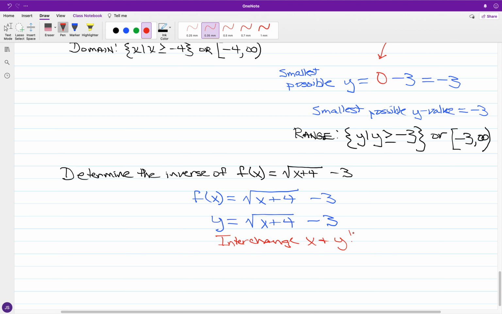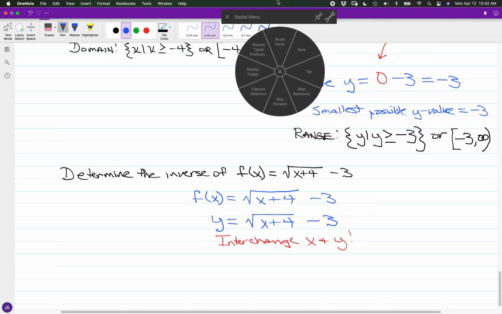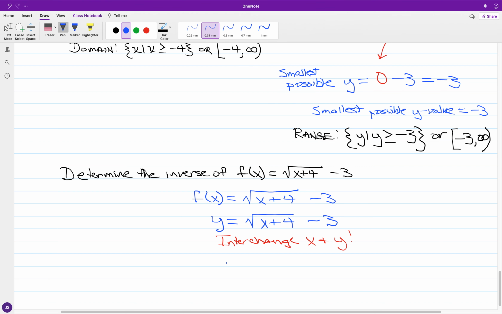So if I interchange x and y, I'm going to have that x is equal to the square root of y plus 4 minus 3.